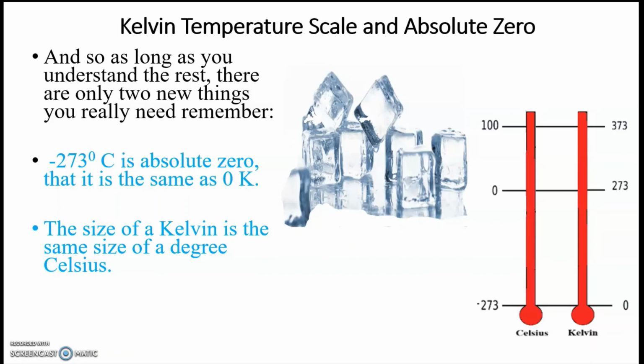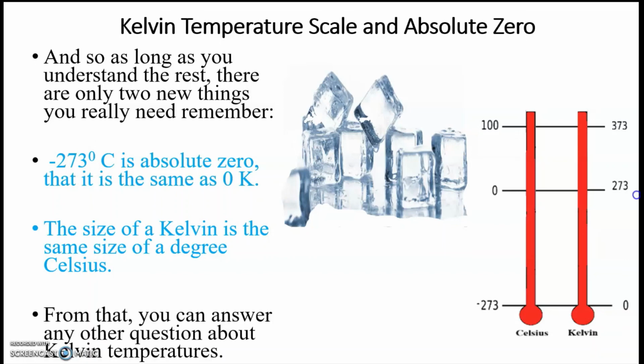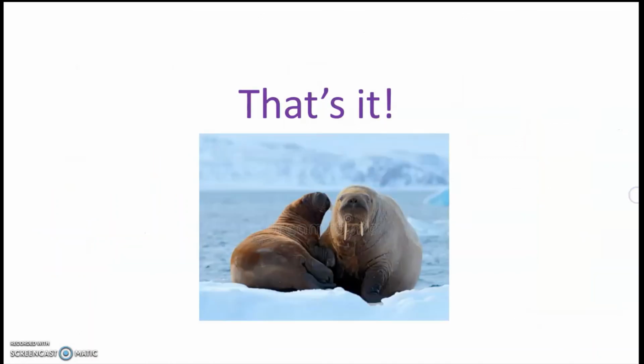So you've got your reference point where you are with Celsius, and you can just count where you're going with Kelvin with regard to the freezing and boiling point of water, as we just saw a minute ago. So anyway, like I said, from that you can answer just about any other question you need to answer. And usually most of those questions are going to have something to do with freezing and boiling point of water. And that is it.